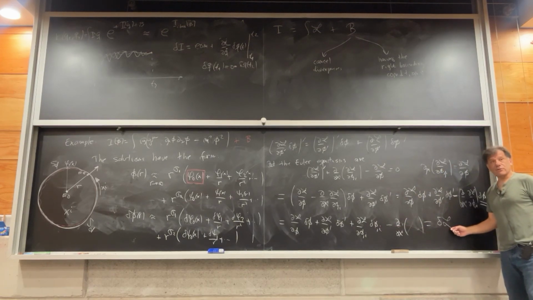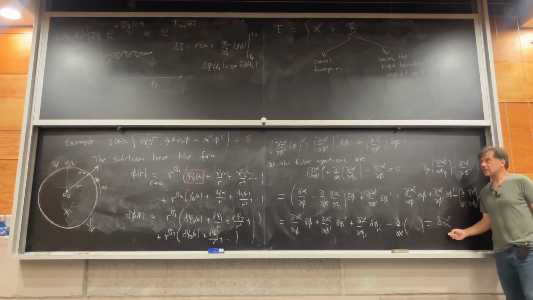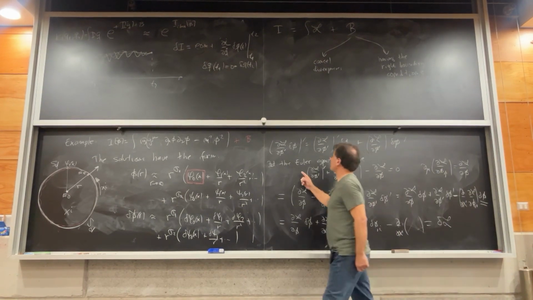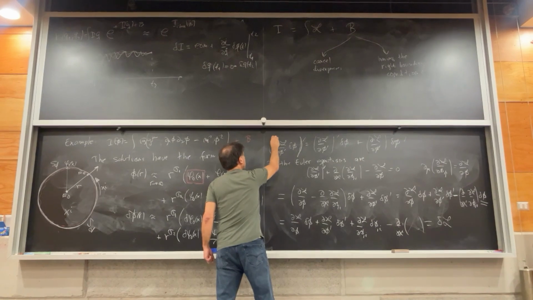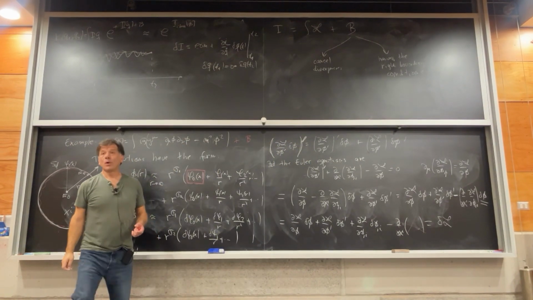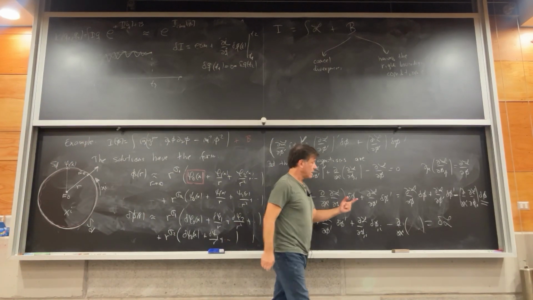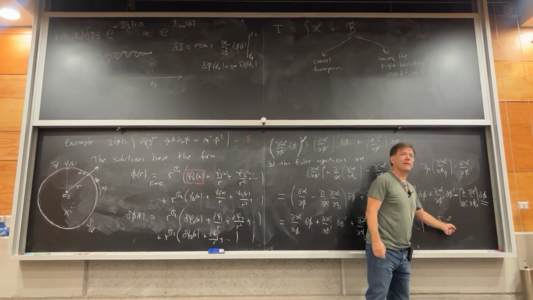This is exactly the variation of them. So this is a very important result. What this is telling me is that the radial derivative of this term, which contains all divergences, is integrable. It can be written as the variation of something.